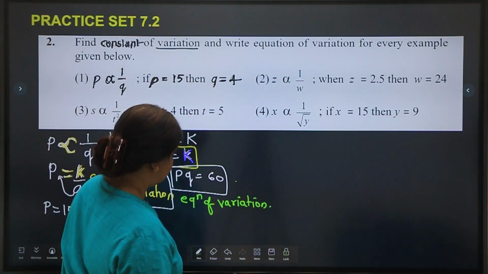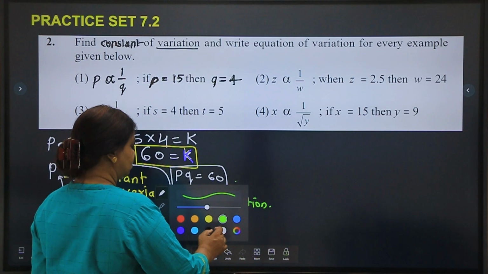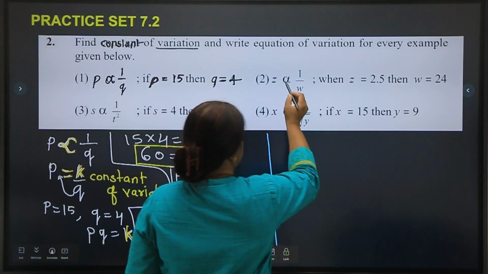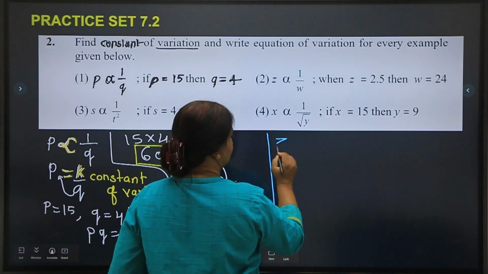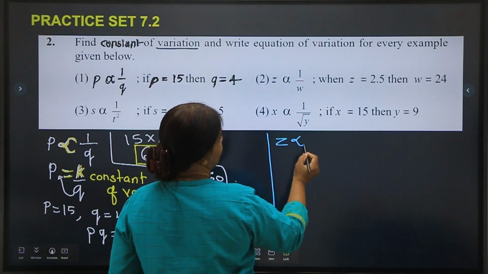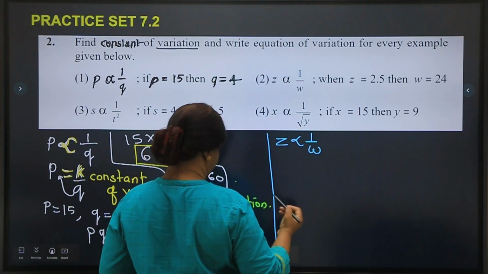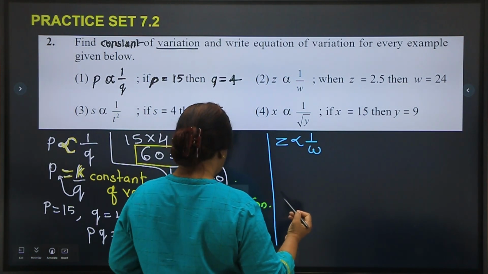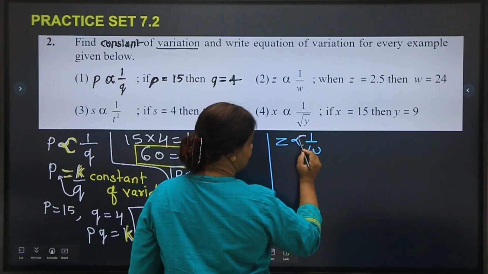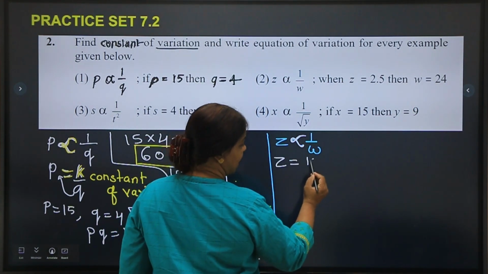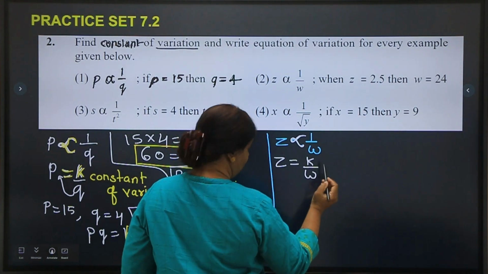Now, in second case, Z is in inverse proportion to 1 upon W. So, first thing I will do is removal of the proportional sign. So, Z is equal to K upon W. What is K?